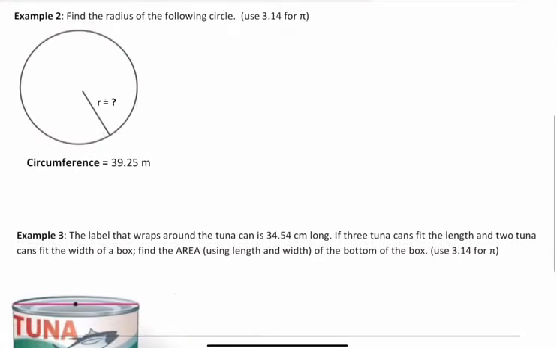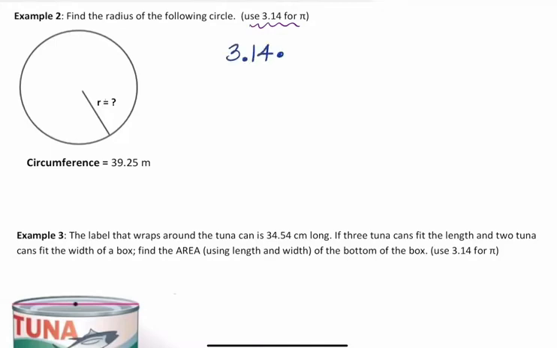All right, going on to number 2. This one says find the radius of the following circle. This time around, again, we're going to use 3.14 for pi. So what do we do here? Again, we're going to use the formula: pi times diameter equals circumference. On this particular problem, we're looking for the radius.